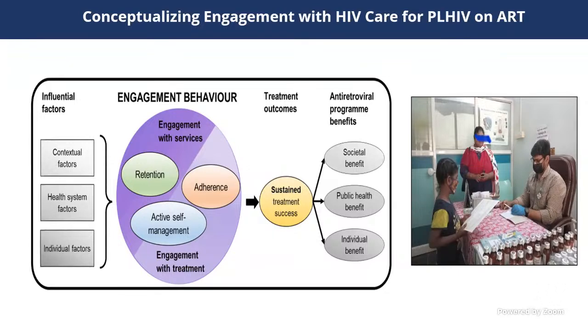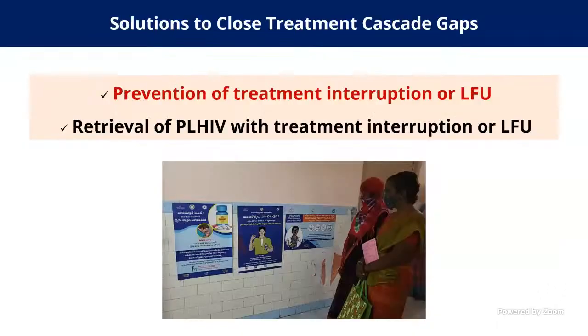So this is a vicious cycle, and there are so many factors which influence that. Sometimes there are health system factors, possibly some stigma, discrimination, or other contextual factors. Possibly there is no health facility that he can actually access, or it is too far to travel. These are some of the barriers or influential factors that influence patients to take antiretroviral therapy.